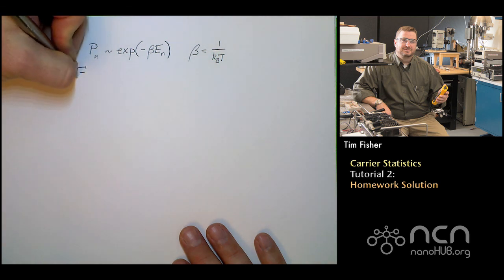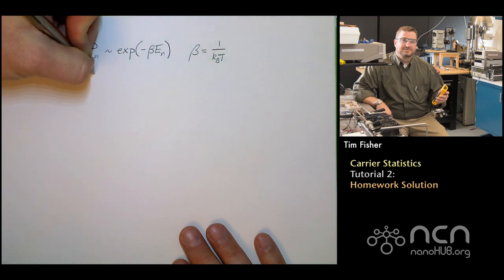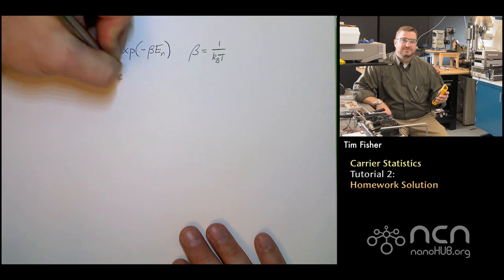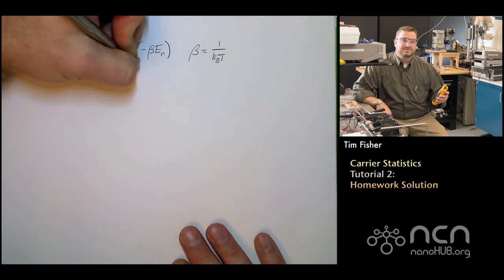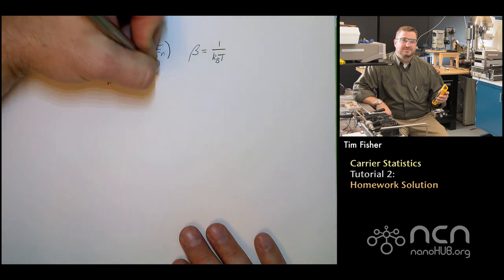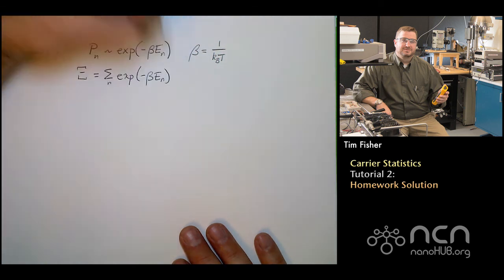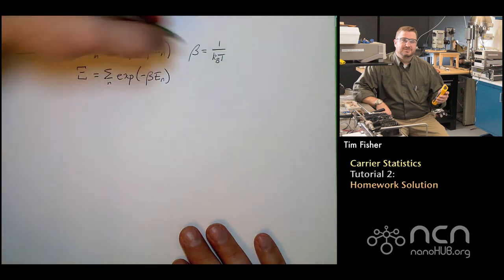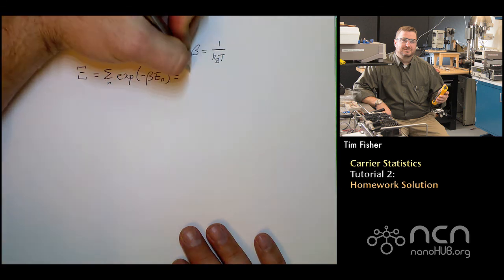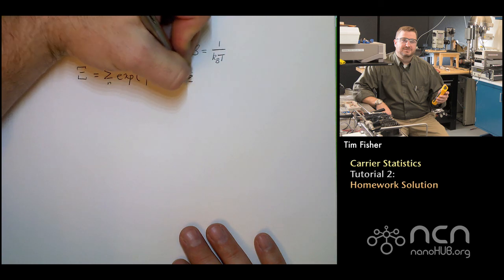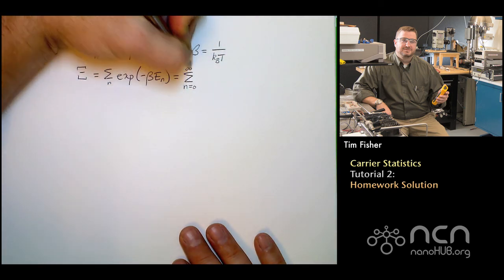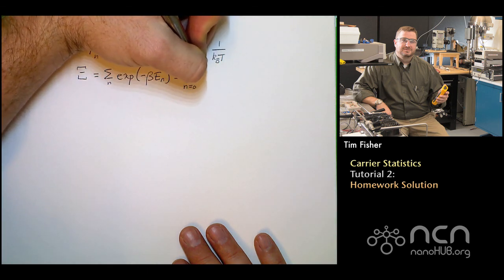This partition function is xi, and it was given in the problem. It is the sum over all of these factors that are proportional to probability. If we do a simple substitution for energy, we're going to sum over all states, and we'll take this summation from 0 to infinity.